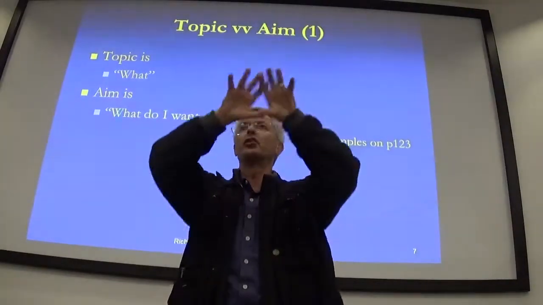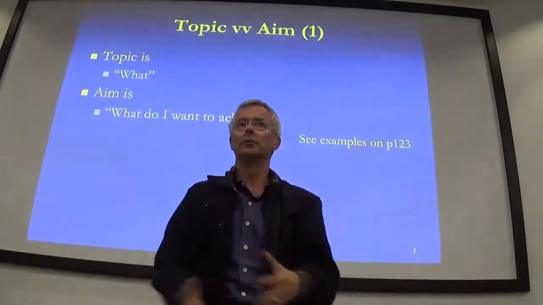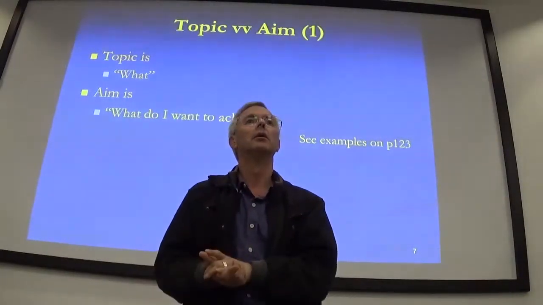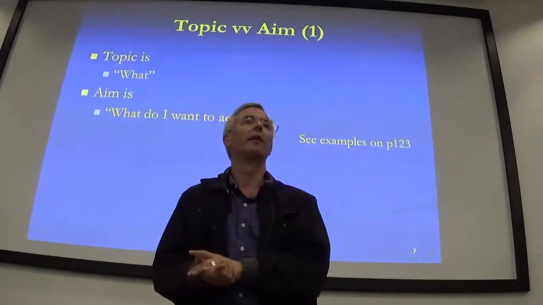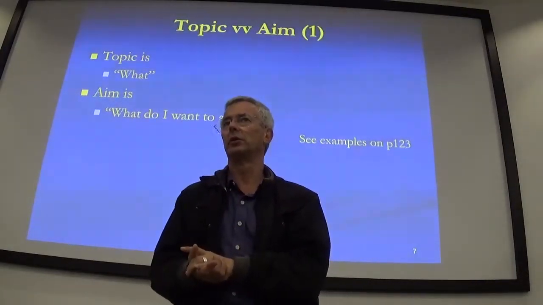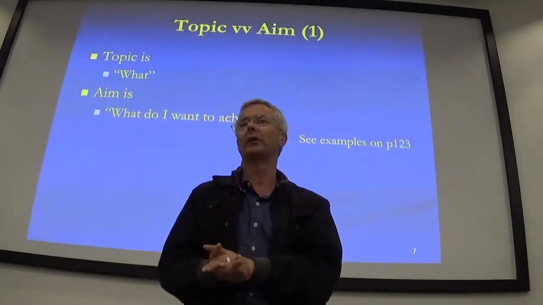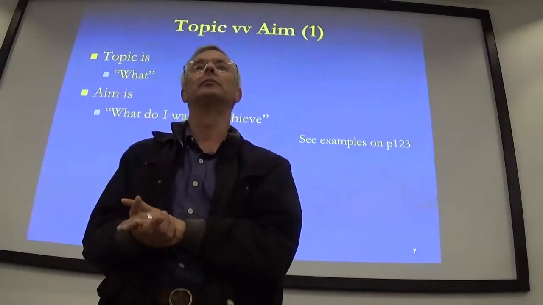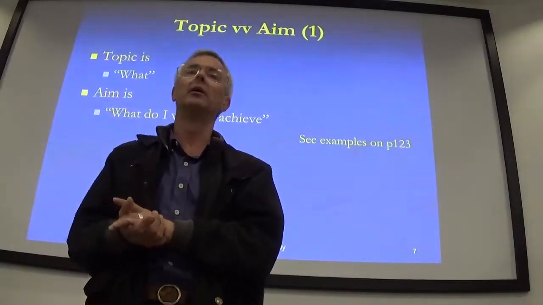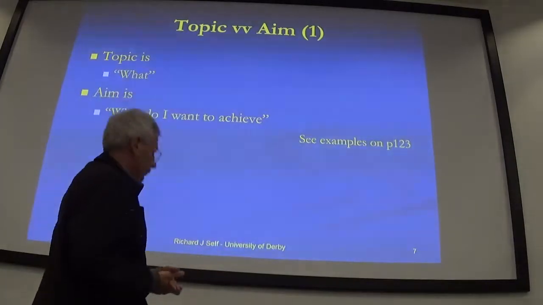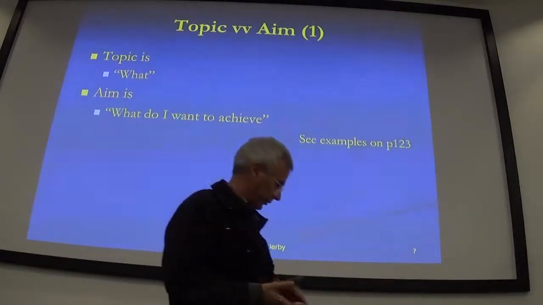So one is the topic area. I want to investigate aspects relating to location services, but the aim is to find out just how accurate or inaccurate they are. So aim is why and what I want to achieve, but the title or the topic is the what it's all about.